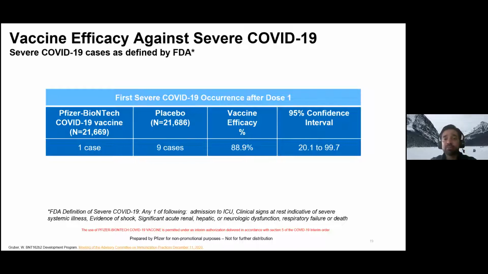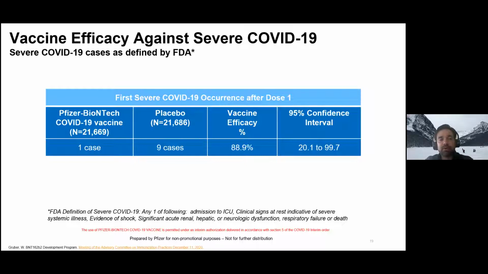Based on this, when we counted the cases 7 days after second dose, there were very few cases. I think there were only 4 cases. So it wasn't really enough to make any meaningful conclusion. So in this case, the cases were counted right after the administration of first dose.